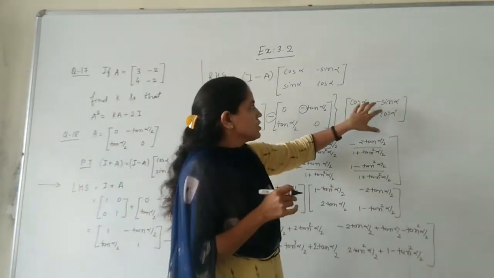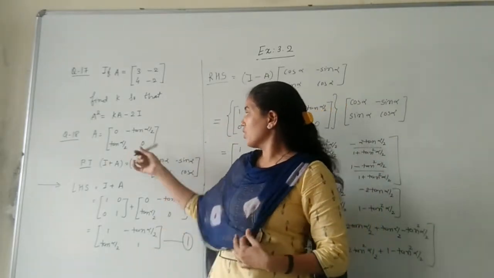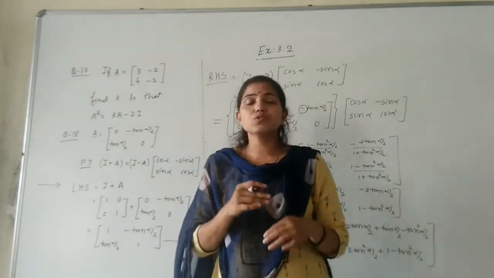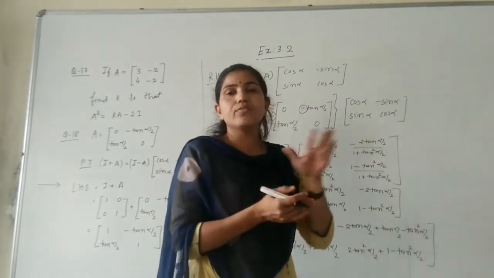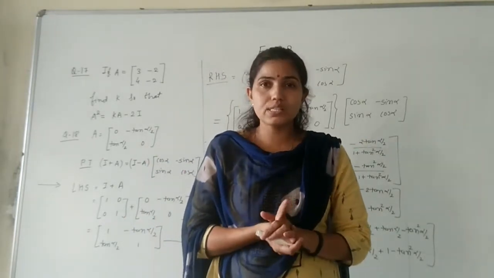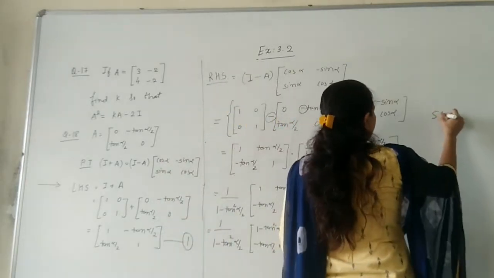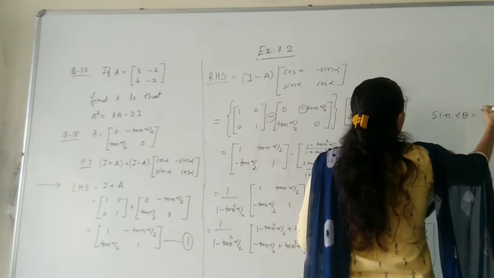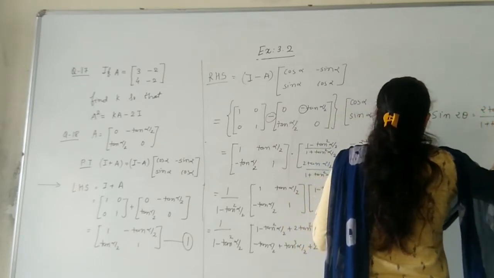Now students, we know that the expression is in the form of alpha, whereas the answer we have to find in terms of alpha by 2. So what will we do? We will apply the formula for sin and cos in terms of tan. So we have sin 2 theta is equal to 2 tan theta upon 1 plus tan square theta.